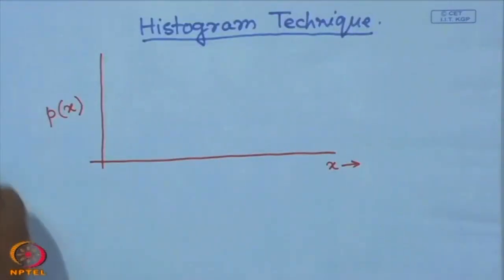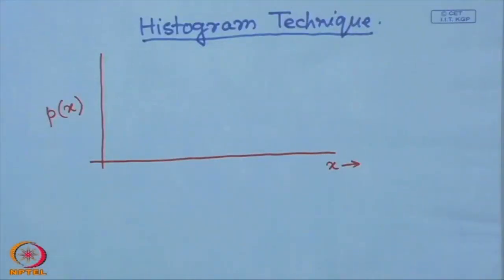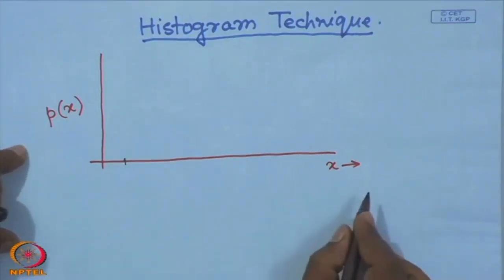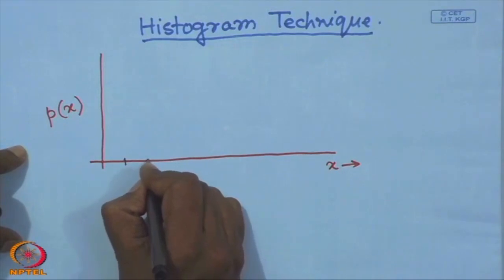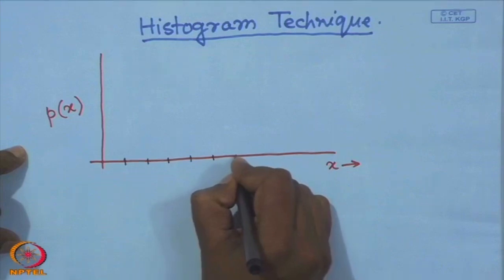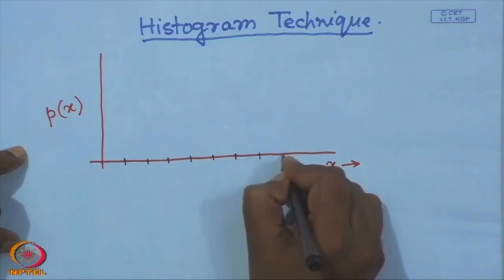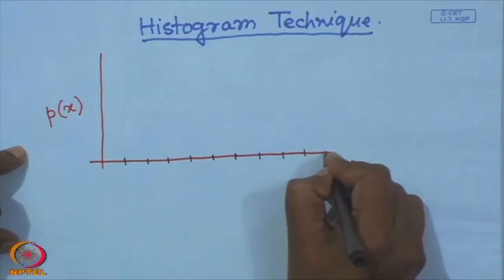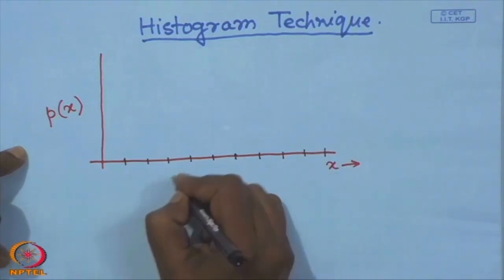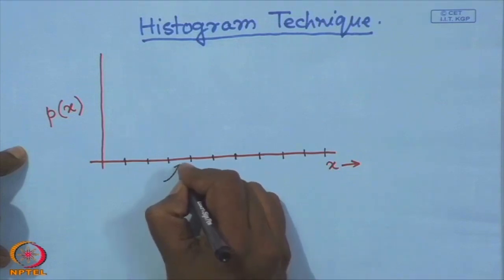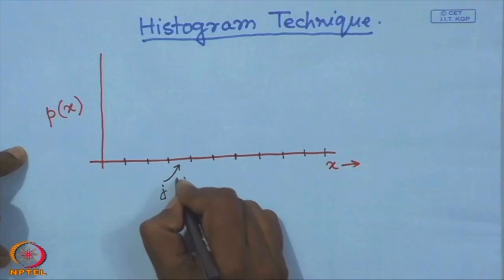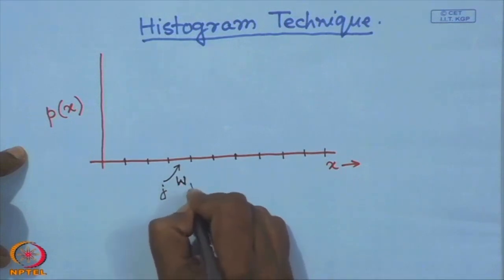Following the same concept, what we do here is divide this x axis into a number of intervals. So, the intervals are like this. Out of these, I take a particular interval, say the jth interval, for which the width will be given by w j.